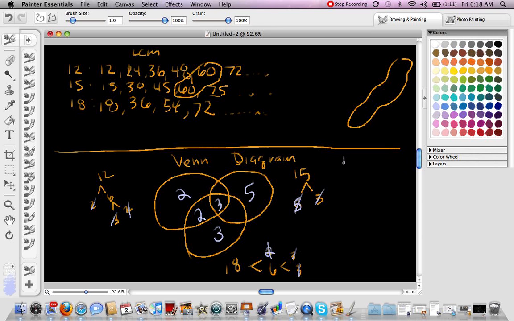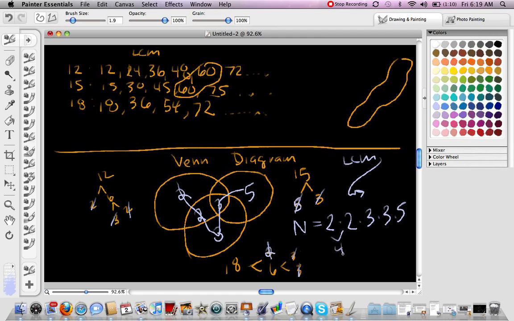Now to find the lowest common multiple, I'm going to multiply all the numbers that are remaining in my Venn diagram. So that would be 2 times 2 times 3 times 3 times 5. And the product of these numbers should be n.